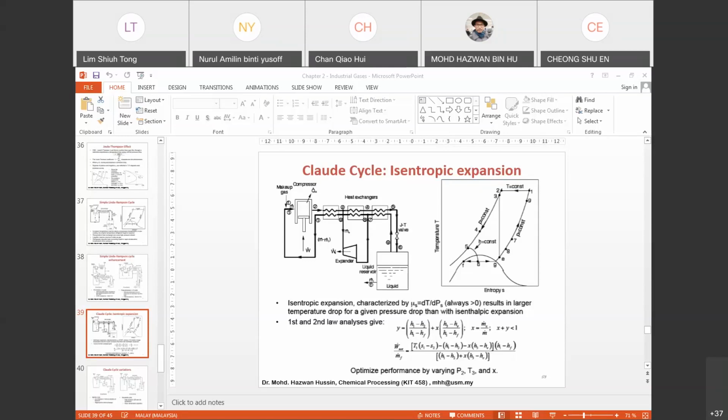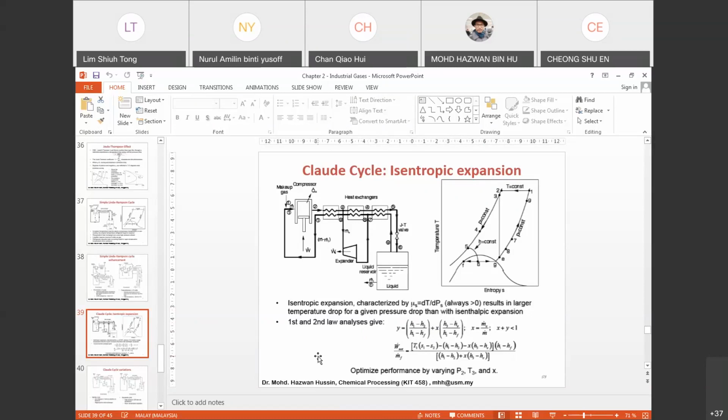Okay, right. So basically, for isentropic expansion, it can be characterized by mu_s equals dT over dP, where the value is always greater than 0, resulting in a larger temperature drop for a given pressure drop than with isenthalpic expansion.